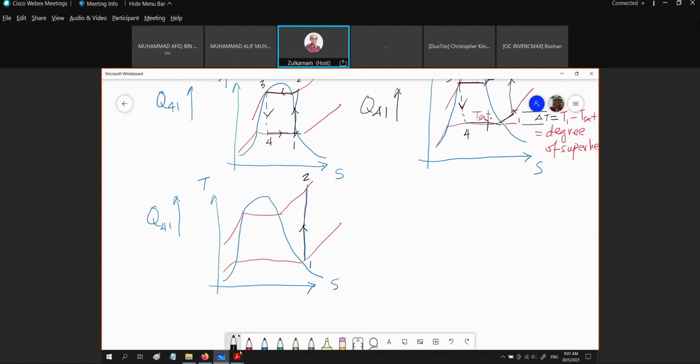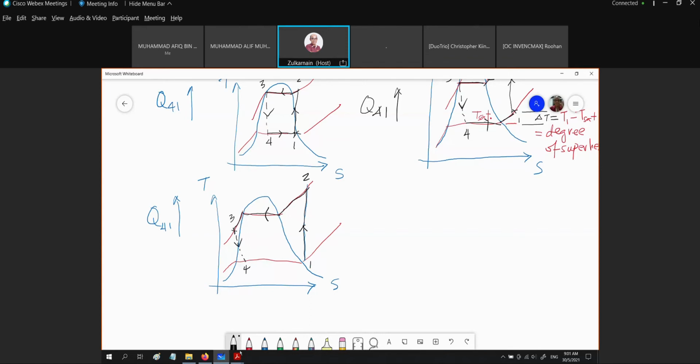So let's say this is our point 3 at the compressed liquid region. And now this is our process 2 to 3 at the condenser side, which is the rejected heat. Then we have the process of throttling at the expansion valve, 3 to 4.